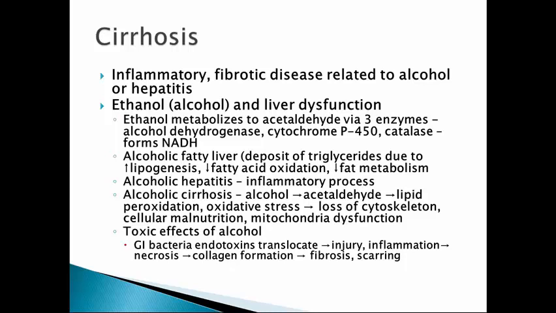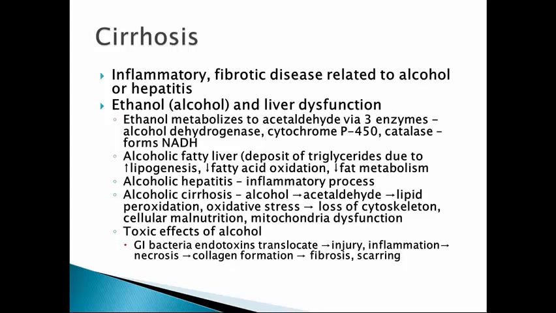In addition to what's happening in the liver itself, we also have additional toxic effects of the alcohol. So what happens with all of this alcohol that is present in the system? The endotoxins of GI bacteria that are always throwing off begin to translocate.